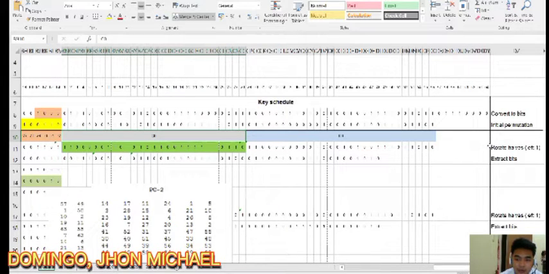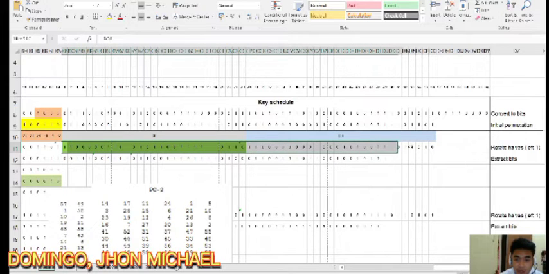Then you need to rotate left 1. So in that case, you need to start at the second bit in the initial permutation, and so on, and then the last one will be the 28th bit, and also in the D0, it's the same here.